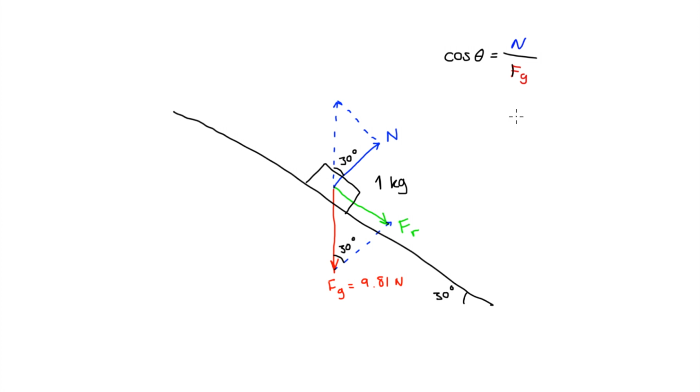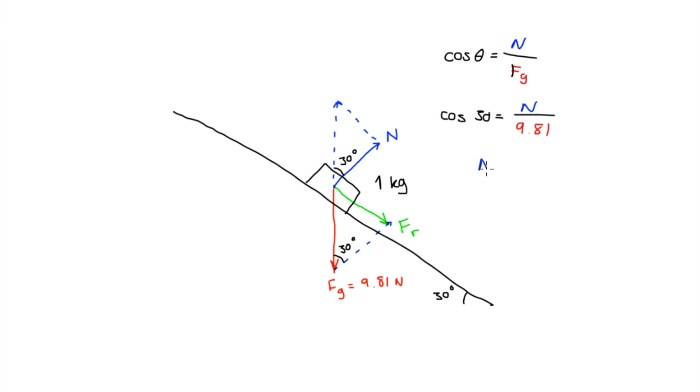Alright, so now let's put in the variables we know. And so if theta is 30, then we have cos 30 is equal to n over 9.81 newtons. And so now, with some simple algebra, we can figure out what n is.